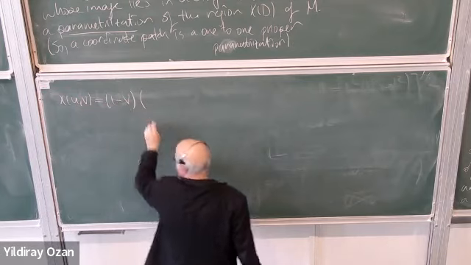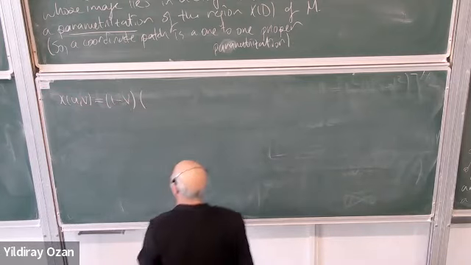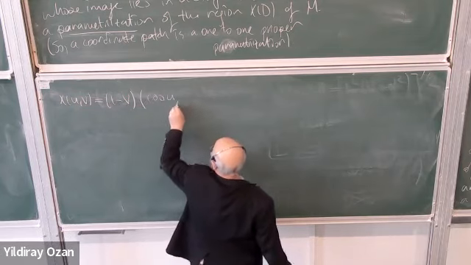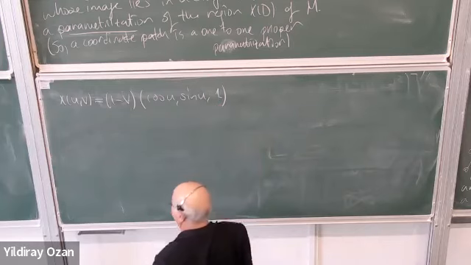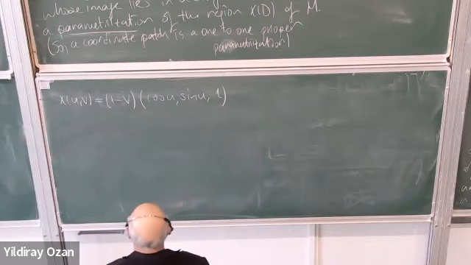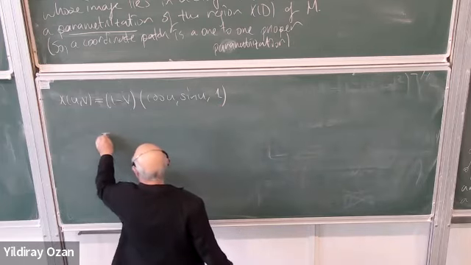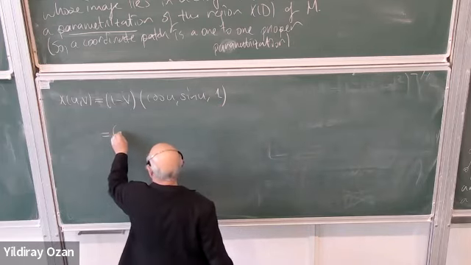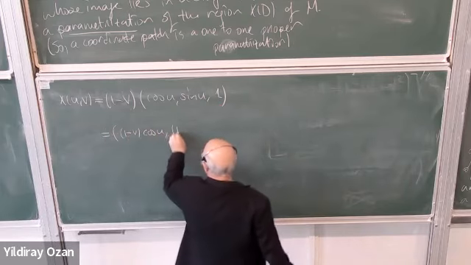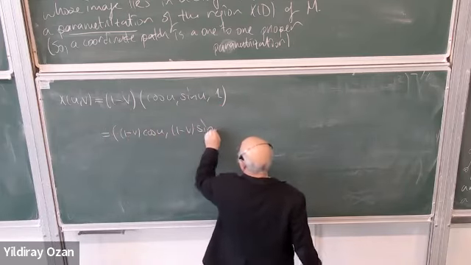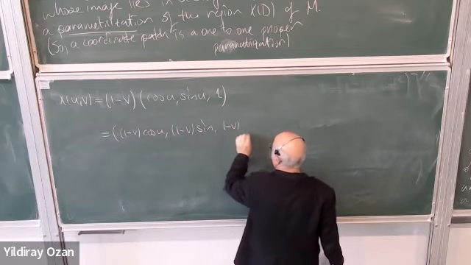Beta u is just cosine u, sine u, and 1. Okay, and 1. So this is the expression then. So it is 1 minus v times cosine u, 1 minus v times sine u, and 1 minus v.